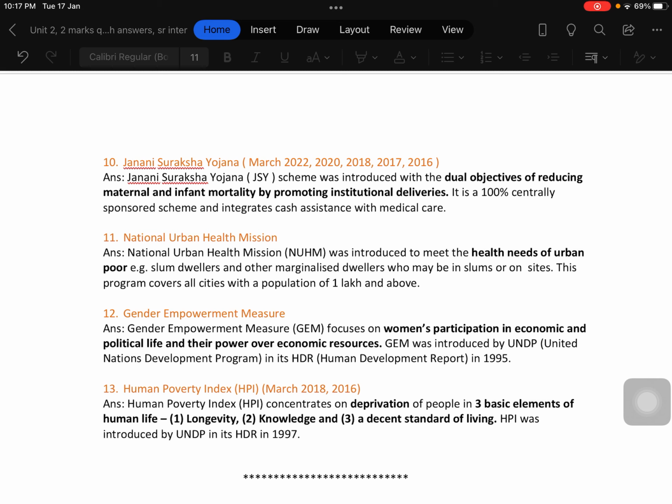Okay. So the next question is the Gender Empowerment Measure. Gender Empowerment Measure, GEM, focuses on women's participation in economic and political life and their power over economic resources.